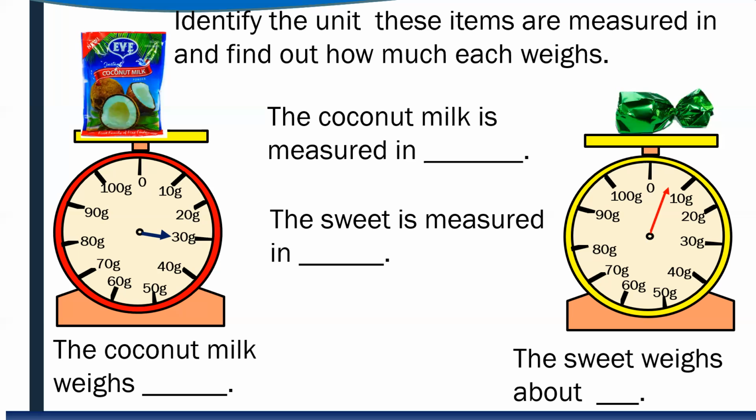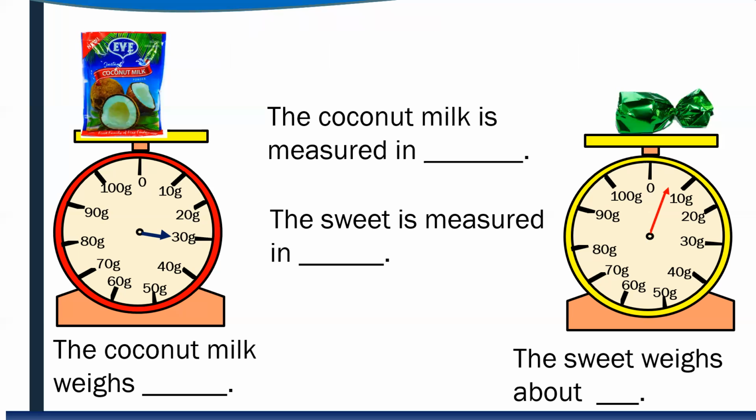Great job, boys and girls. The sachet of coconut milk is measured in grams. Now, can you tell me what unit the sweet is measured in? Great job, boys and girls. The sweet is measured in grams.